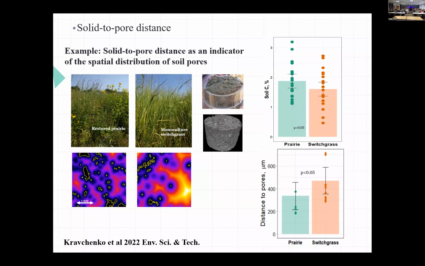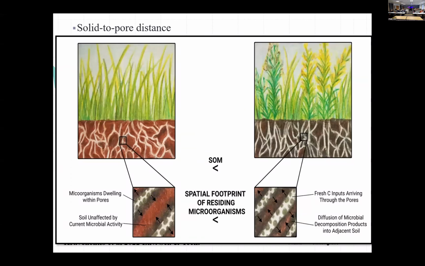So what we think is happening is something like this. Let me start from the one on your right. If those pores, as they are in prairie, are nicely spread through the entire soil matrix, then carbon comes in, microbes process it, and the processed carbon diffuses from the pores into the surrounding soil matrix.